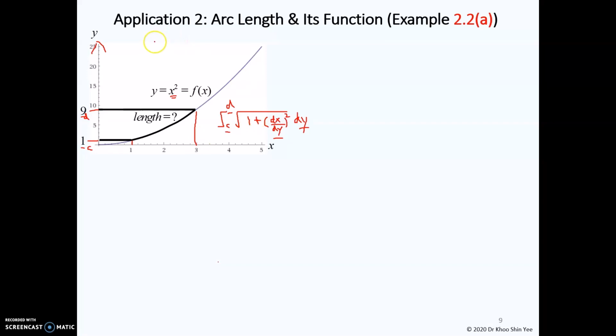The next thing, you need to compute the dx over dy. So in this case, your x is equal to square root of y, or y to the power of 1 over 2. When you differentiate it, you should obtain 1 over 2 y to the power of negative 1 over 2, which is equal to 1 over 2 square root of y.